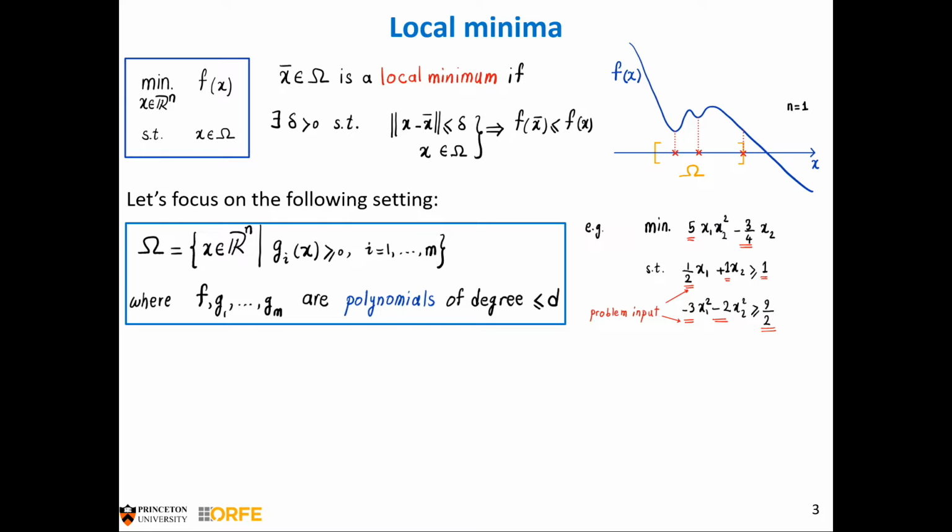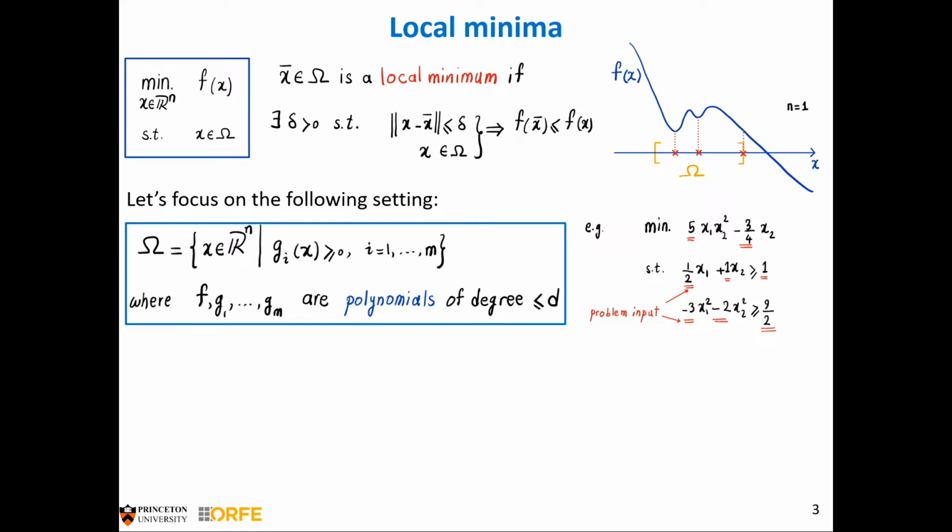I claim that this is a reasonable setting to look at because polynomials on compact sets are dense in the space of continuous functions. So for a local notion like local minimum, it makes sense to look at polynomials. Also, several problems that we see in optimization are naturally either defined by polynomials or they're approximated by Taylor expansion to bring us in this setting.